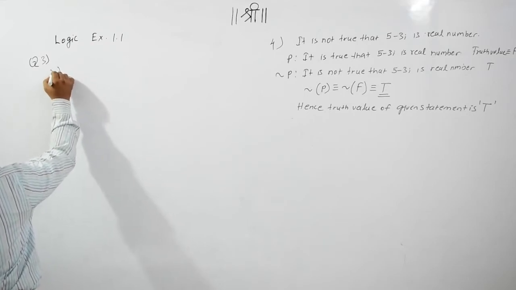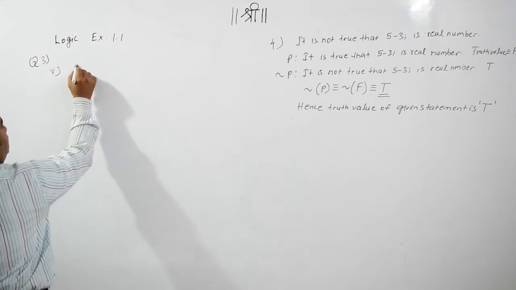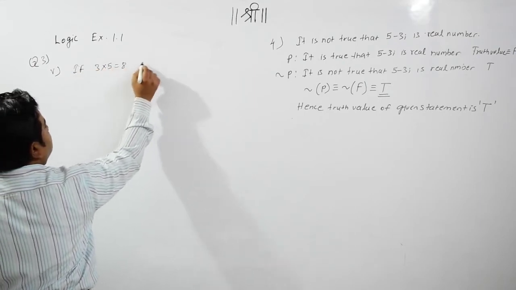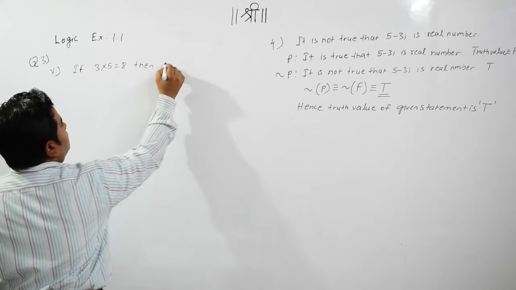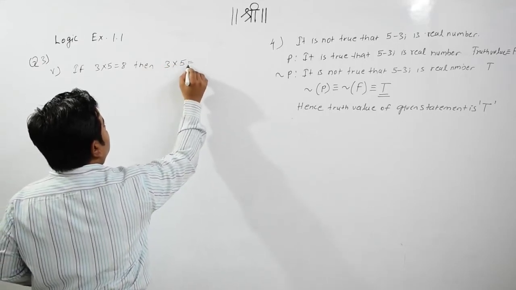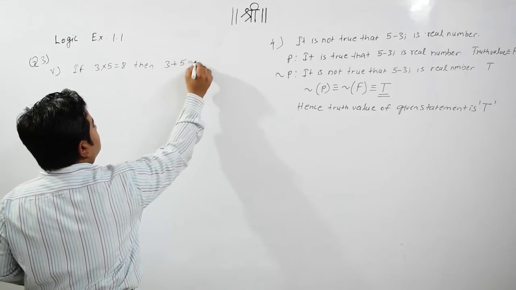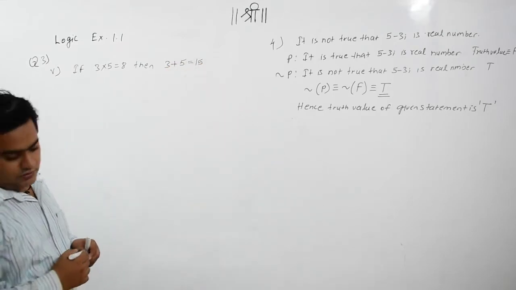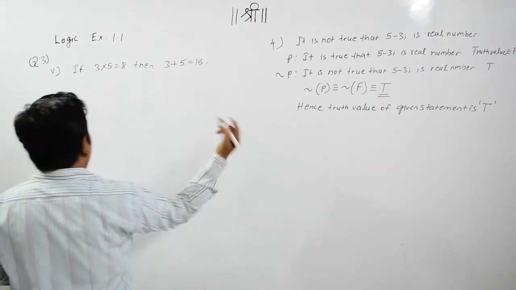First, this question: if 3 into 5 is equal to 8, then 3 plus 5 is equal to 15. Yes, that's it. So this was the given statement, the compound statement.